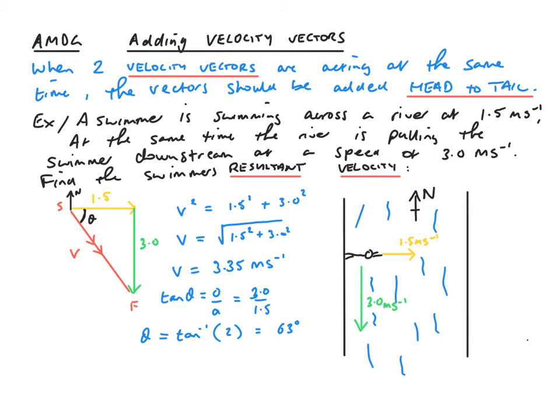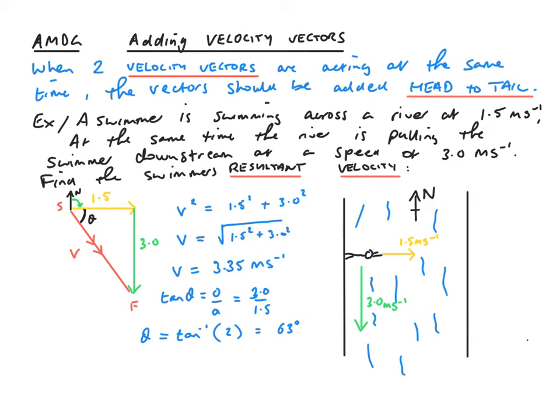Okay, so we know that to go to there is 90 degrees. So we just need to then add 63 onto that to give us the 3-figure bearing. Okay, so that's an angle of 153.